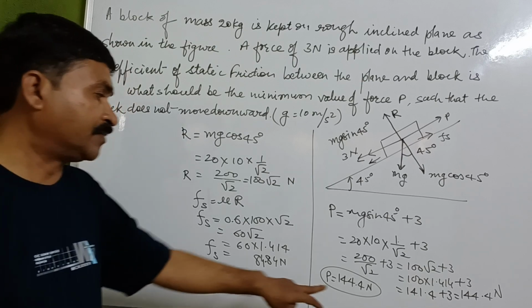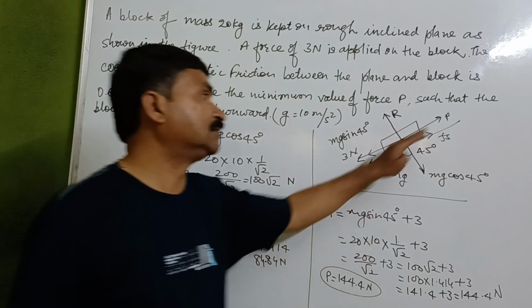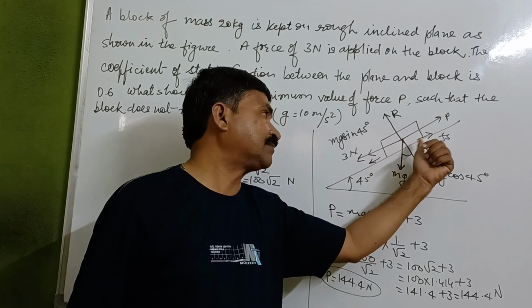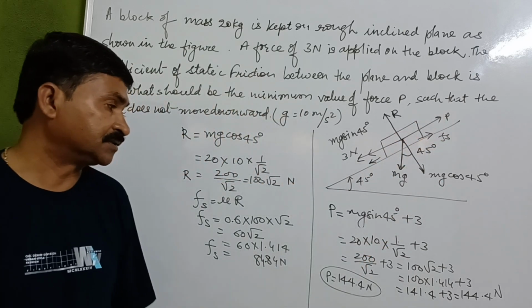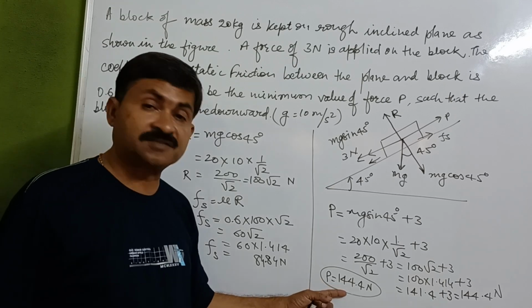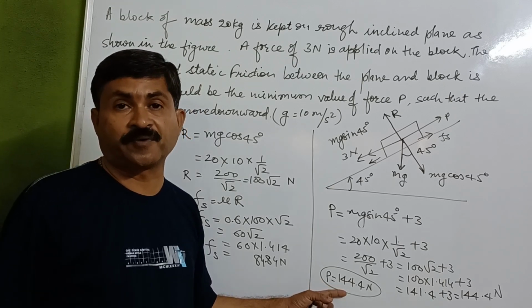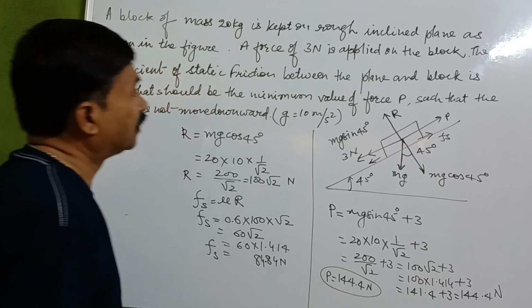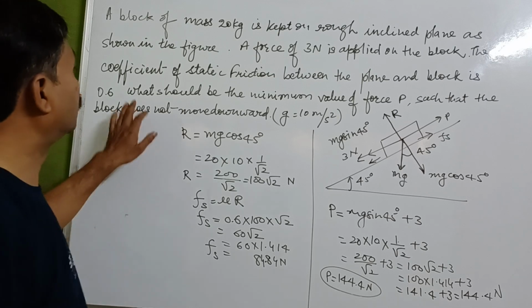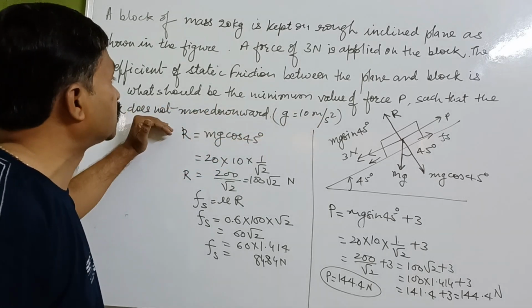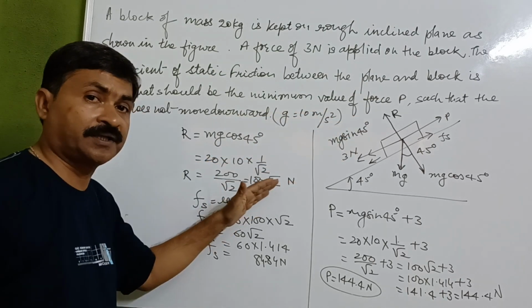So we have 144.4 Newton acting in this direction and the force of friction is also in this direction. What we want is the minimum value of force P such that the block does not move downward, the block should not come down.